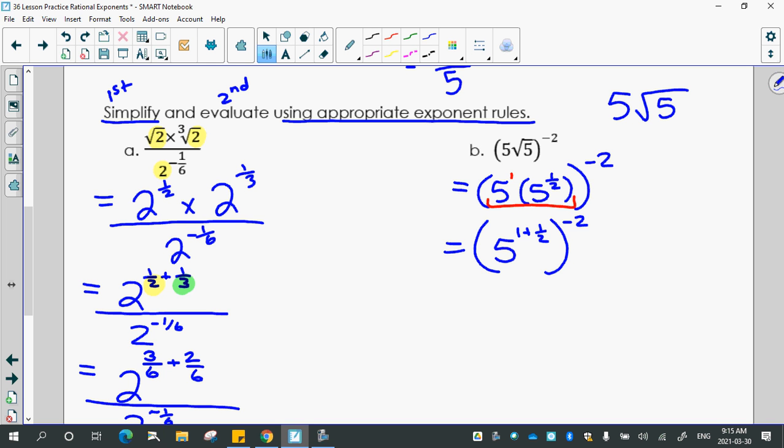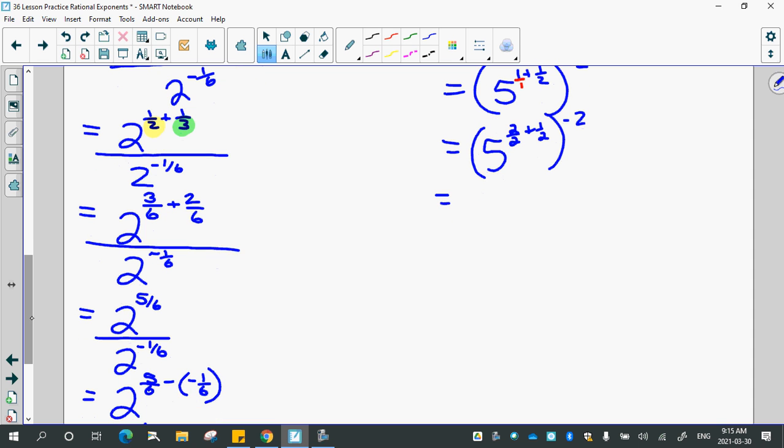And then in order to add them, I need a common denominator, which would be 2. So that's going to be 5 to the 3 over 2, to the negative 2.